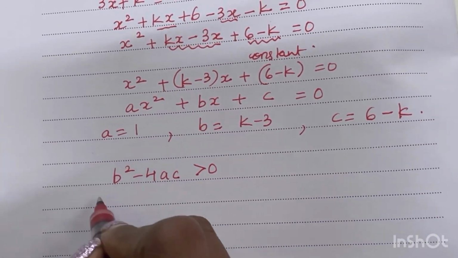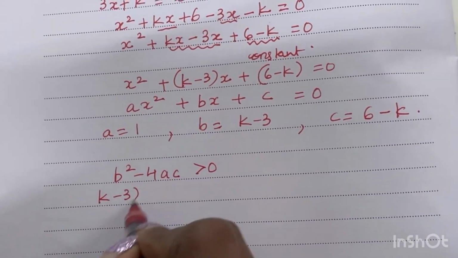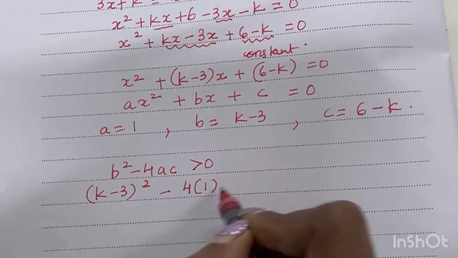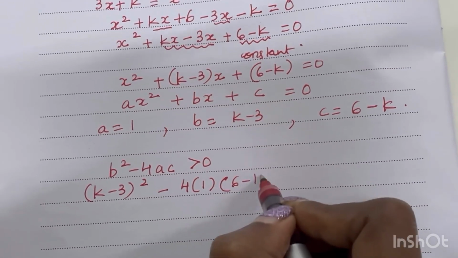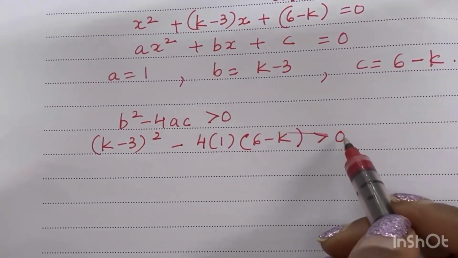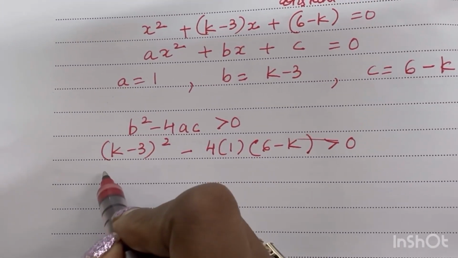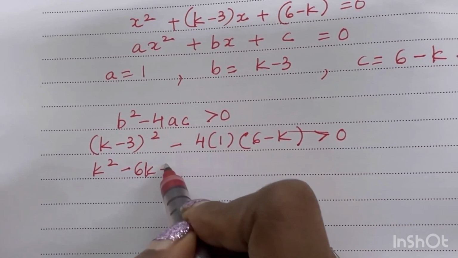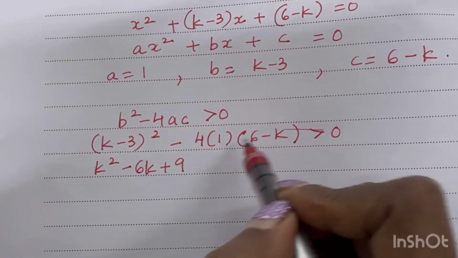Substitute these values. What is your b? (k minus 3) the whole square minus 4 times 1 times (6 minus k) greater than 0. Now that we have got an inequality here, expand this. So we'll get k square minus 6k plus 9. Multiply this, what do you get?